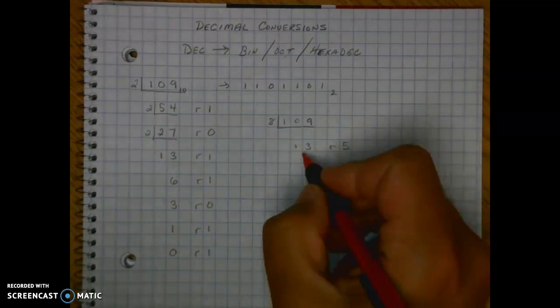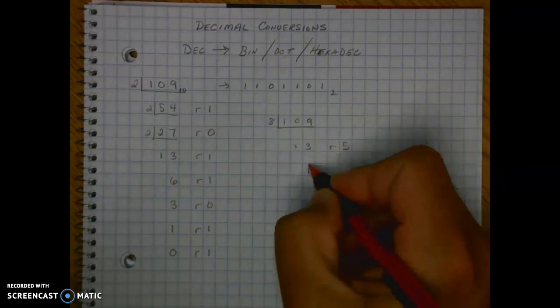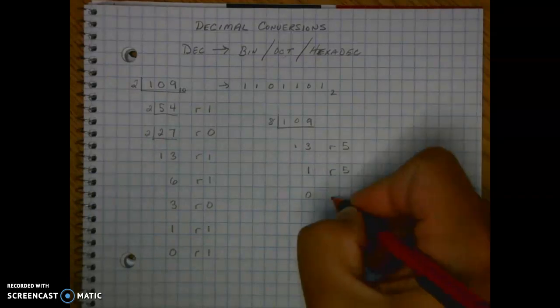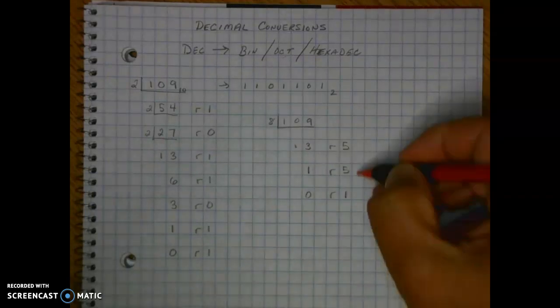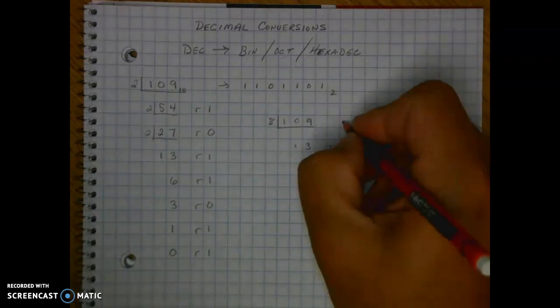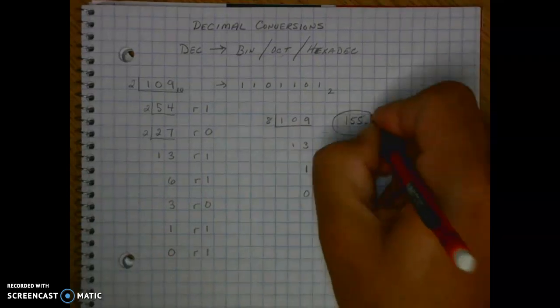Then 8 goes into 13 once. You can see this goes down really fast, and what's left is another remainder of 5, and 0, remainder 1. And just like we did before, 155 is going to be our number. So 155 is our base 8 value.